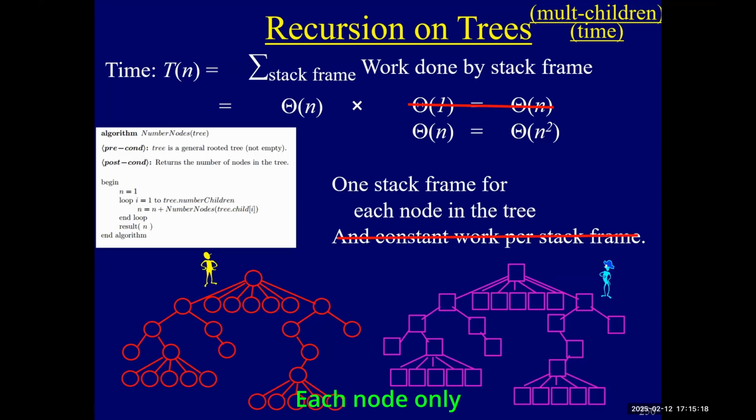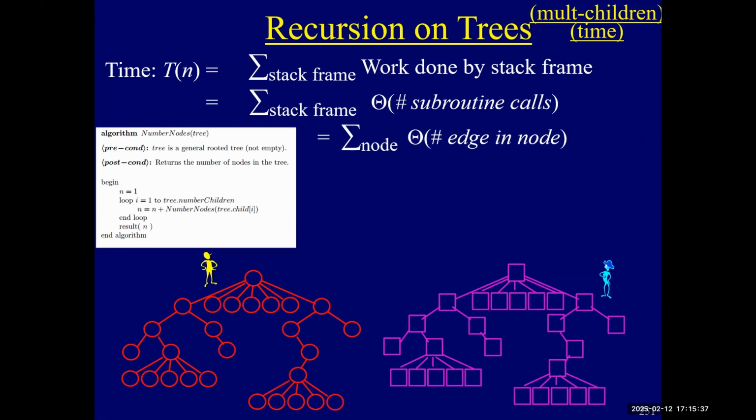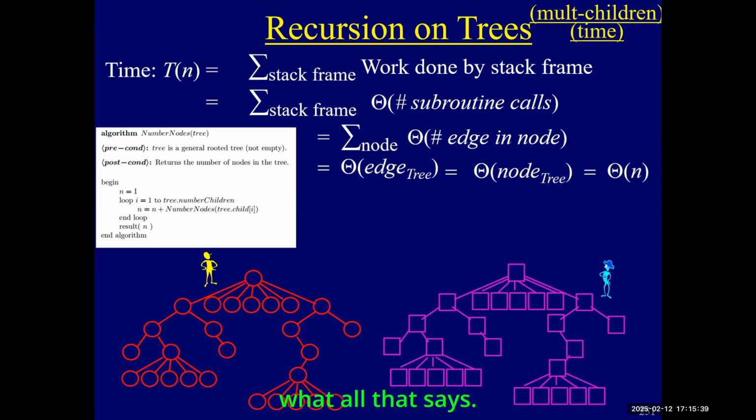Each node only has one parent. So that tells me that the number of edges is in fact one less than the number of nodes, because the root doesn't have an edge coming in. That's what all that says. And what do you need to remember here? It's still linear time.